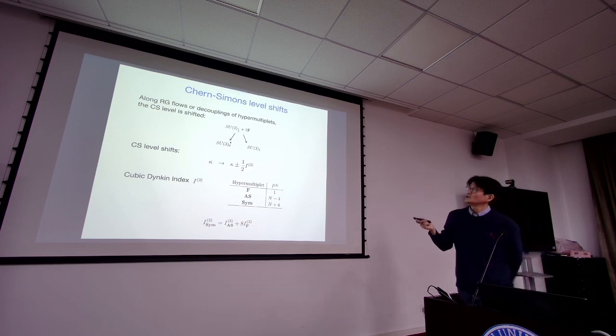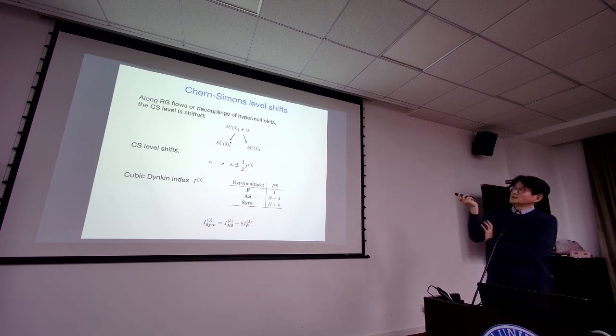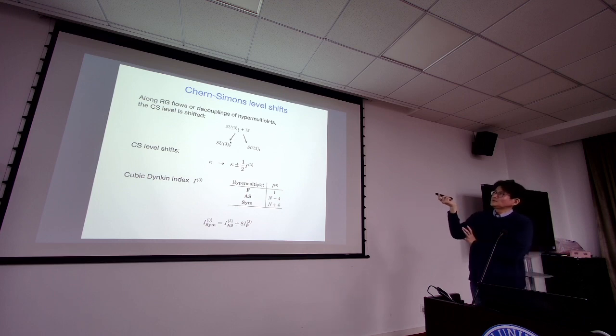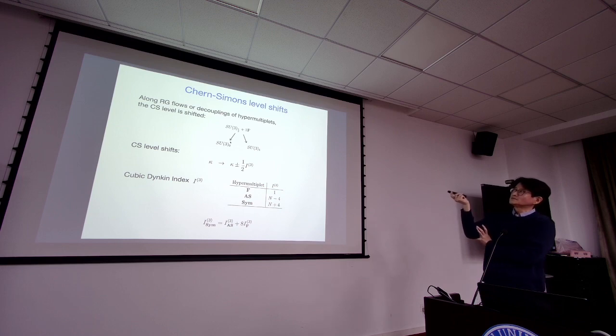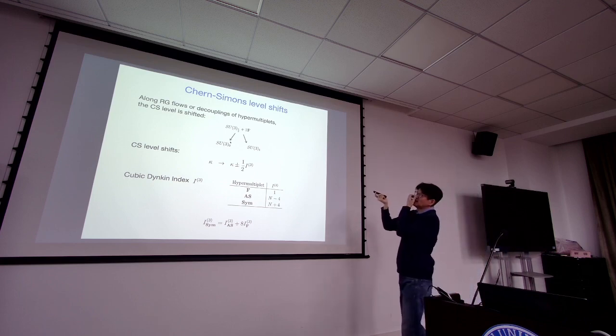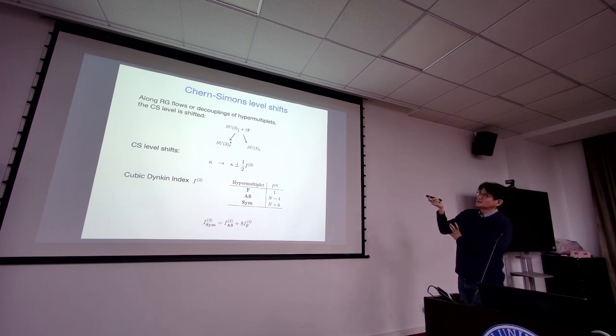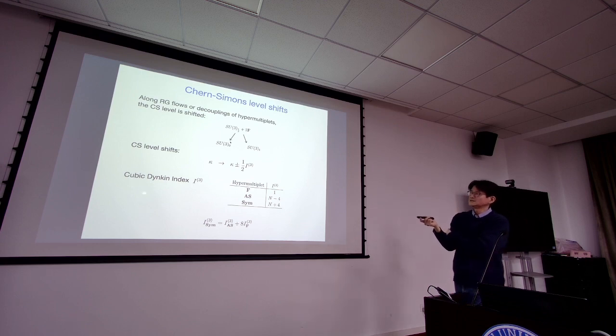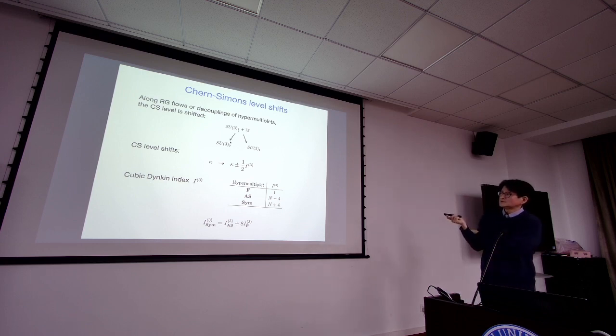We also looked at the Chern-Simons level shift. Usually along this flow, when we decouple a hypermultiplet, the Chern-Simons level shifts. For example, SU(3) with 1/2 Chern-Simons level with one hypermultiplet in the fundamental representation: depending on whether you decouple with plus mass or minus mass, you get a shift of 1/2. In fact, this Chern-Simons level shift is described by the cubic Dynkin index, given according to the representation.